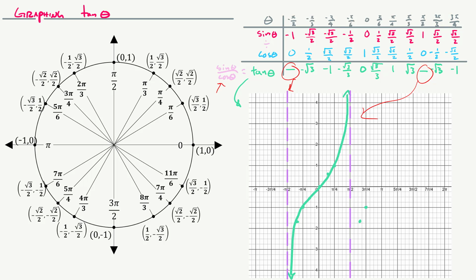Because as the denominator gets closer and closer to 0, and the numerator maybe stays the same, maybe it's getting bigger, what's happening is you're dividing any number by something that's really, really small, and that blows up, right? Either in a negative direction or a positive direction. So we're getting these vertical asymptotes.